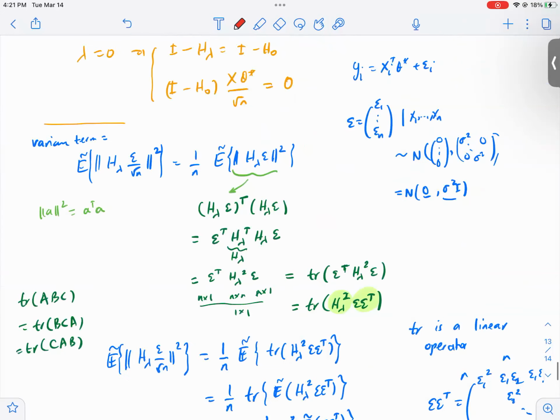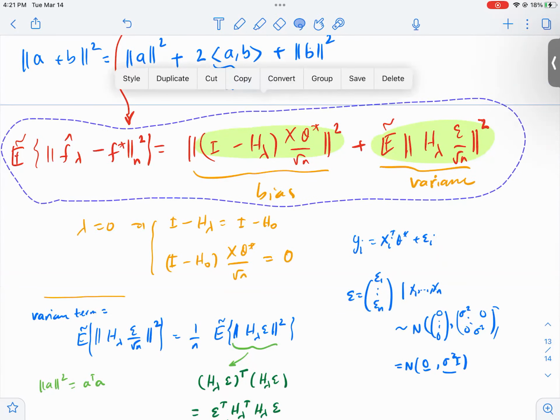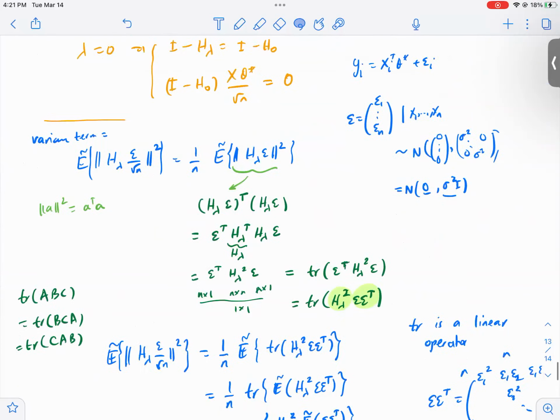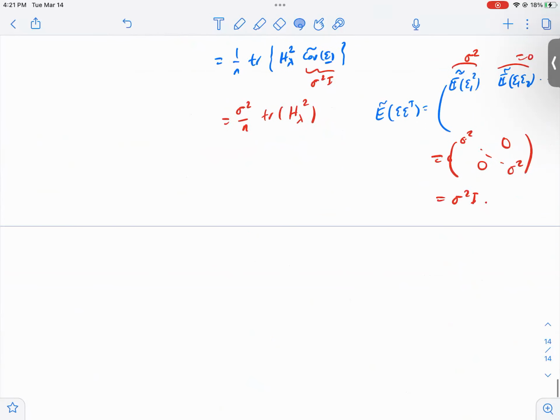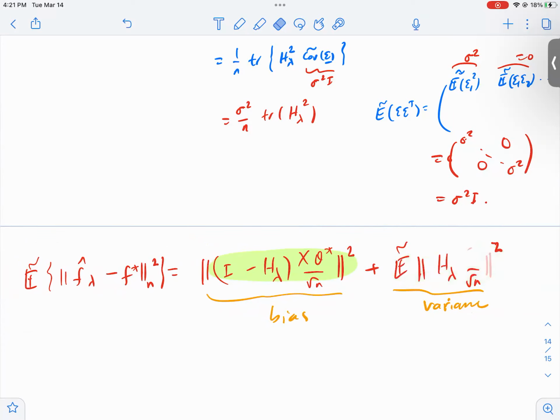So let me copy paste this here. Okay. Now I reduce this to sigma squared over n times the trace of h lambda squared.